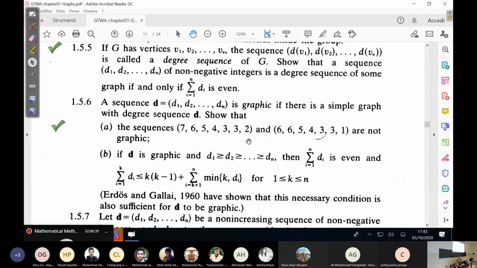I hope that everybody has understood the true meaning of this exercise. So I suggest start by trying to find a graph having this and a graph having this as degree sequences. And then, out of that, try to get the general rule, something for which you could program a computer.